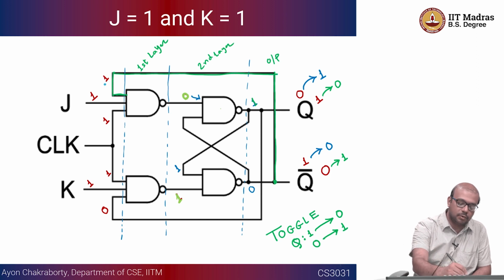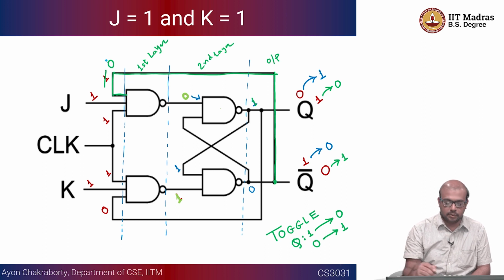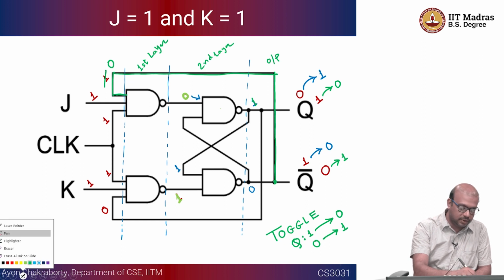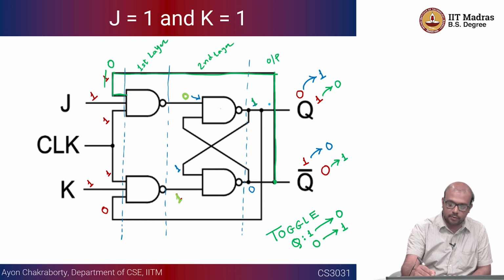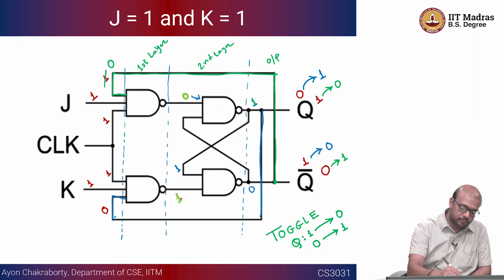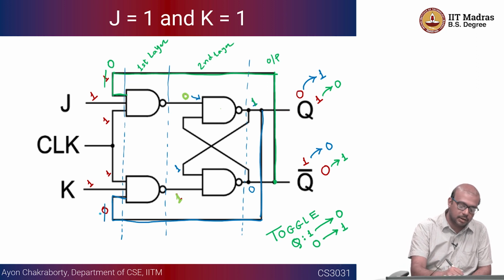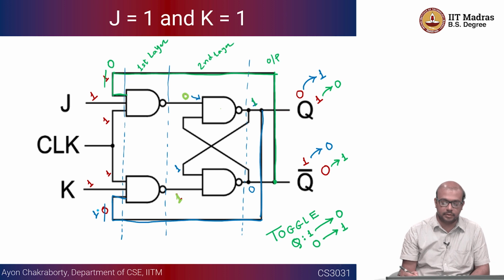So now this is no longer 1, this is going to be 0 now. In case of this other input, which is Q, the value of Q is no longer 0, it has become 1. So if you follow this particular line, this value which was originally 0 has now become 1. So this will become 1 now, right?